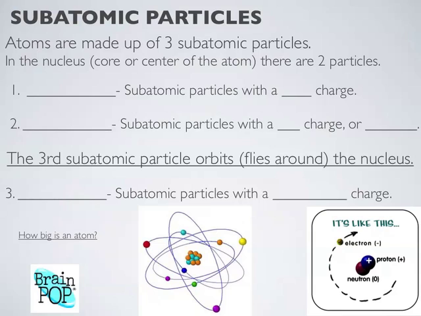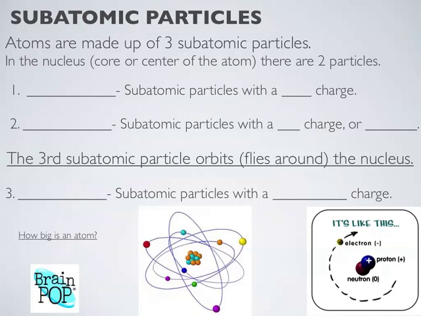And an atom itself is made up of a central part, which you see here, that's very, very dense. Okay? And then there's a larger area around it where you have other particles sort of flying around.